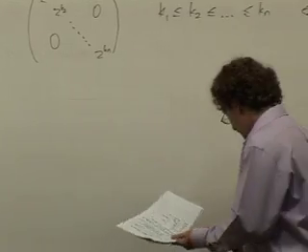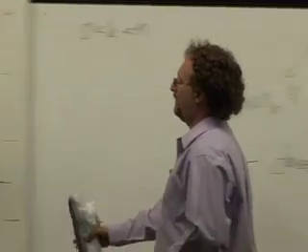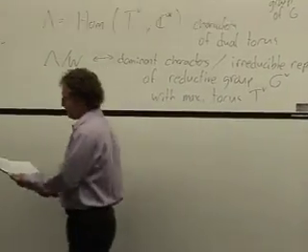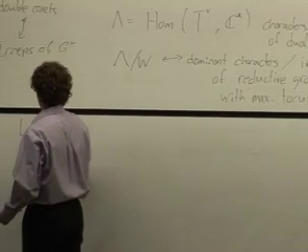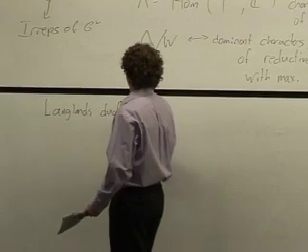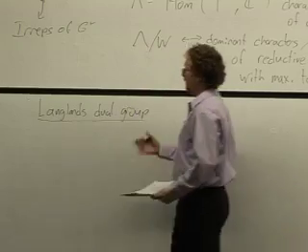So now we can introduce a gadget, which right now appears as a purely formal gadget. We're going to define the Langlands dual group. You can define it by its root data.